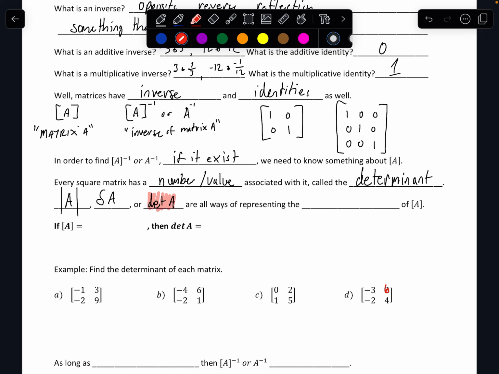Again, when I write inverse, I'll write it this way. So all those stand for determinant. That's the one I'm going to use. All those are different ways of representing the determinant of matrix A, right?